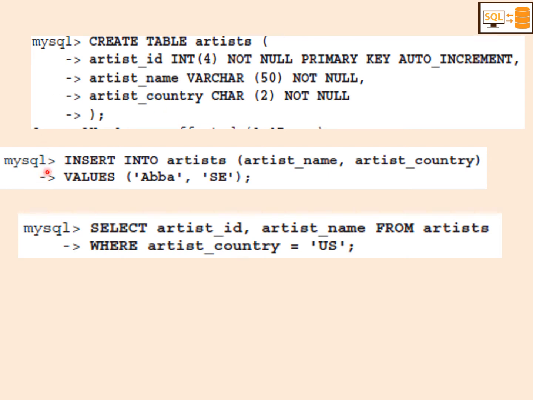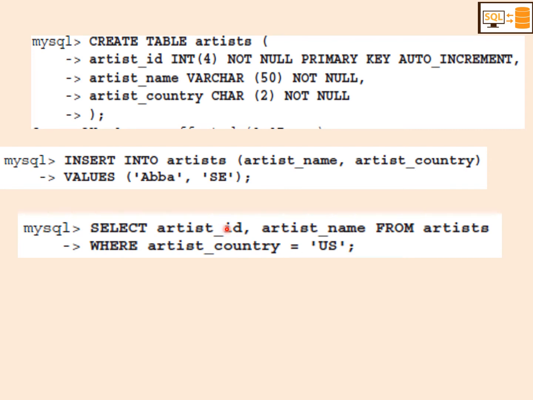Then MySQL: insert into artist, artist name, comma, artist country. So we are trying to insert values into the artist table, into the fields artist name and artist country. The values are ABBA and SE. Then this is an example of a select query: select artist ID, comma, artist name from artist where artist country is equal to US.